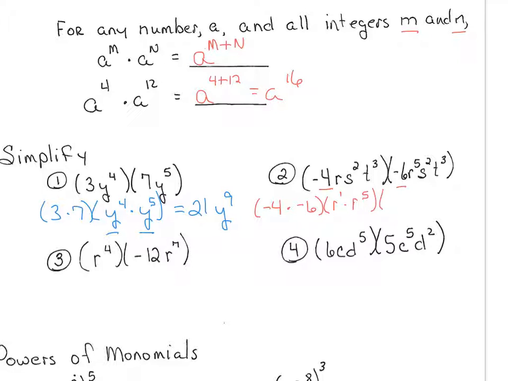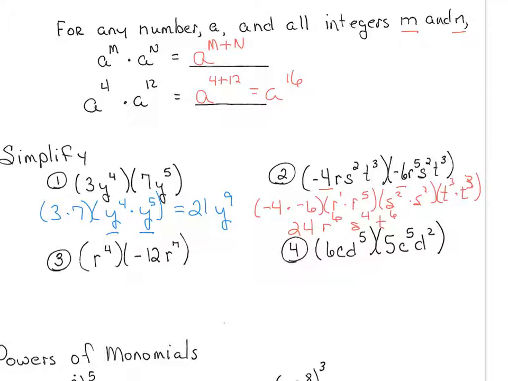Then we have s squared times s squared, and then t cubed times t cubed. So if we simplify, we would have 24, r to the 1 plus 5, s to the 2 plus 2, and t to the 3 plus 3, which is, of course, t to the 6th, and we are finished.